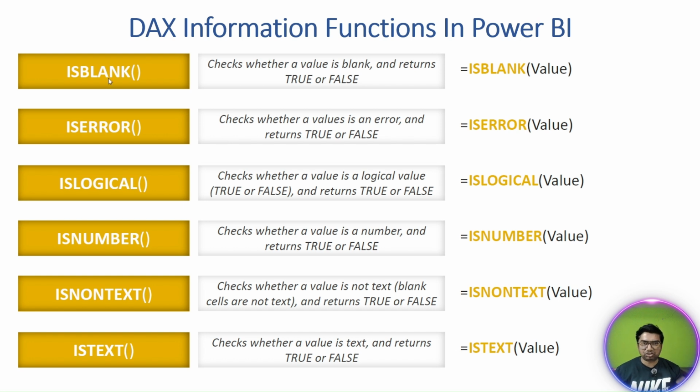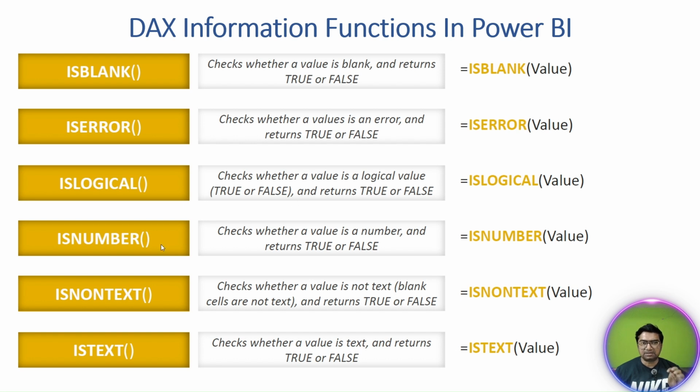So there is first ISBLANK. ISBLANK just checks whether the value is blank or not. If yes, then true or false, right? And ISERROR just checks whether the value is an error or not. ISLOGICAL checks whether the value is a logical value or not.